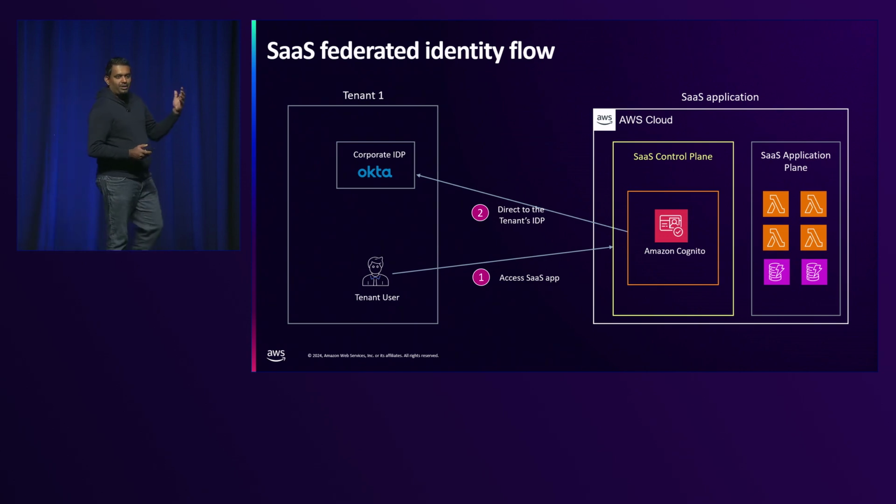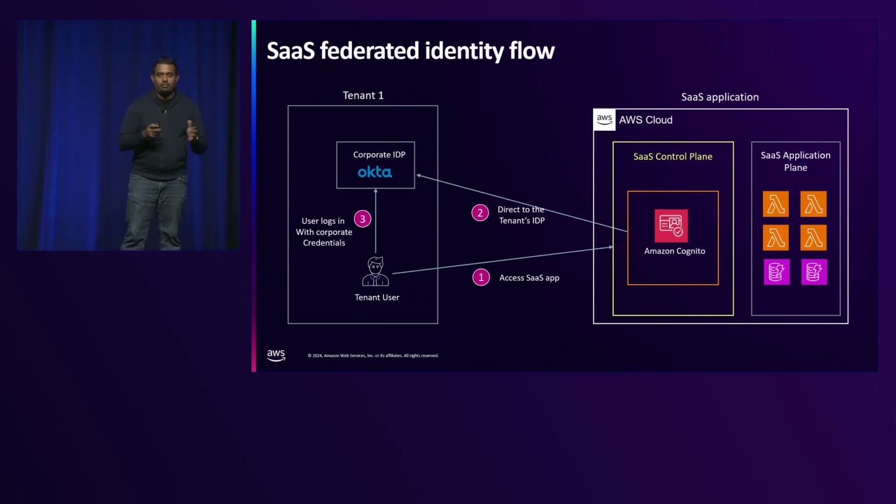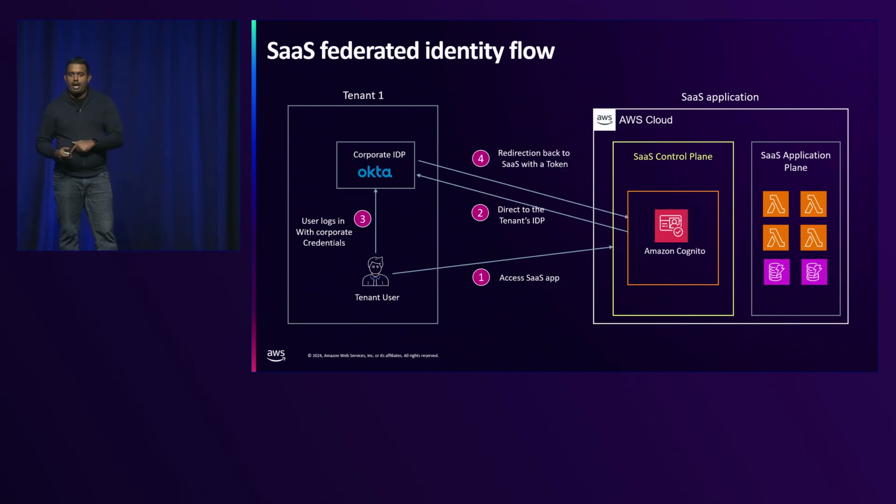And then that will allow him to add the login domain, username, and password. Upon successful authentication, the corporate IDP will return the request back to Cognito, again via a client-side redirection. And Cognito can validate that if the authentication is okay, and if the authorization is okay as well, the user will be allowed to access the SaaS application.